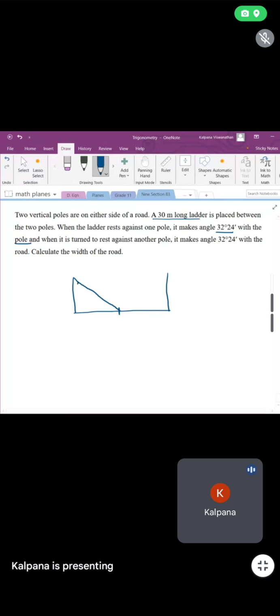This is the pole, so it is making an angle here, 32 degree 24 minutes. And when it is turned to rest against another pole, suppose it is resting on the other pole, it makes an angle 32 degree 24 minutes with the road. So this is our road. Here the angle is formed. Because we already know this part, this is 90. The two poles and the ground will be 90, and this will be 32 degree 24 minutes.